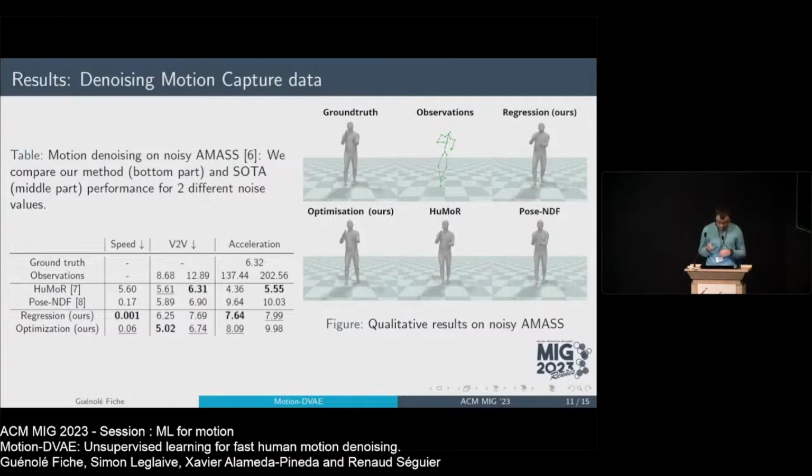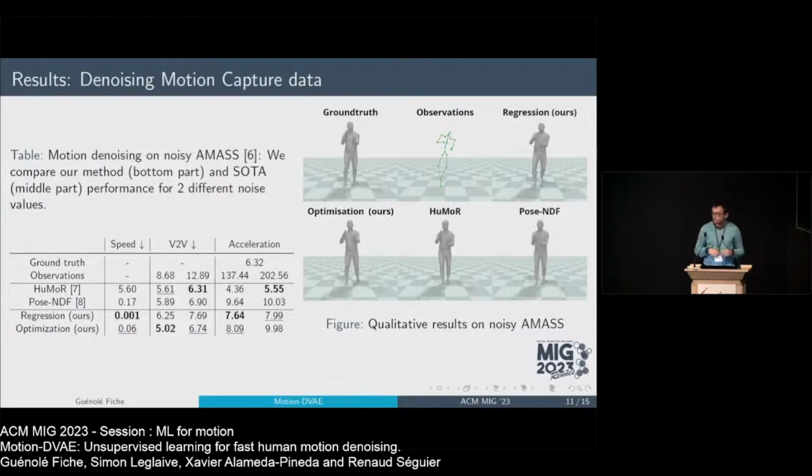And we can see that even if we are way faster than other methods, our results are really close to what they get. So V2V is a reconstruction error. So we can see that we reconstruct the motion as well as state of the art for this task, which is HuMoR.